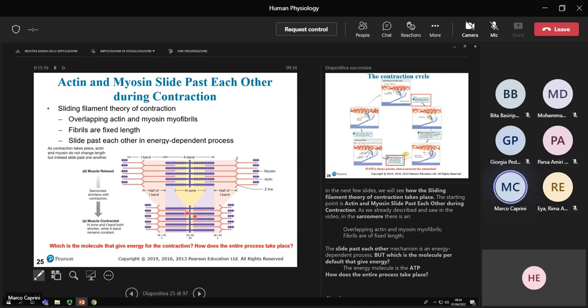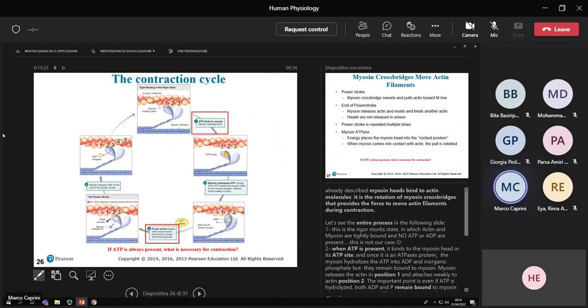So how does the entire process take place? The next slide, this one, is called the contraction cycle. This process describes how actin and myosin can perform the contraction of a muscle.